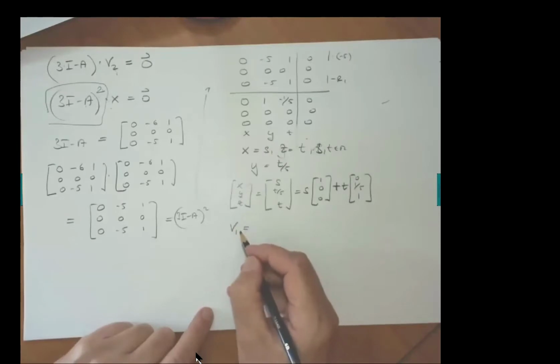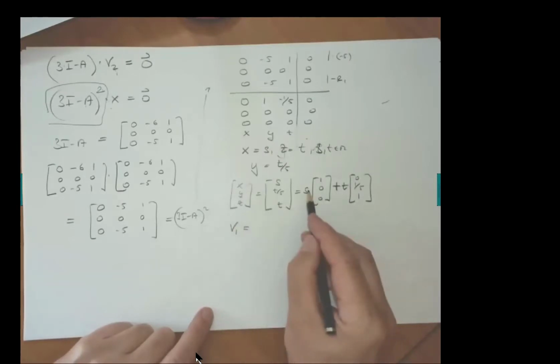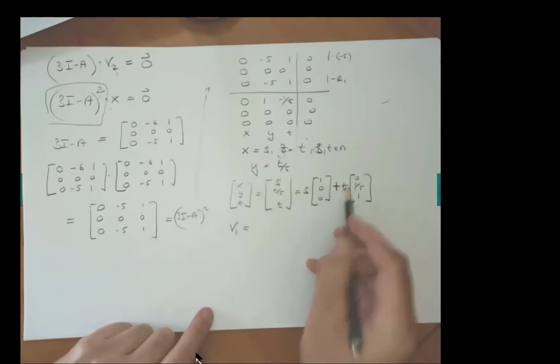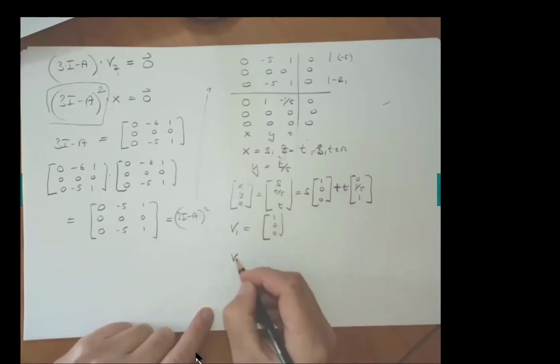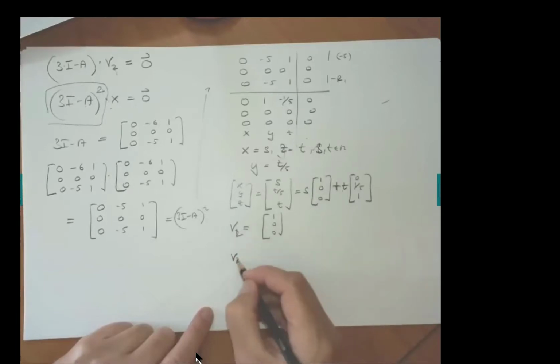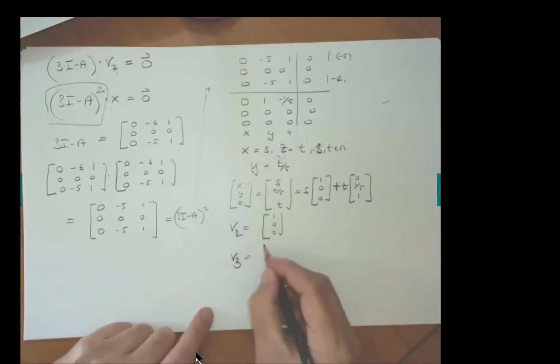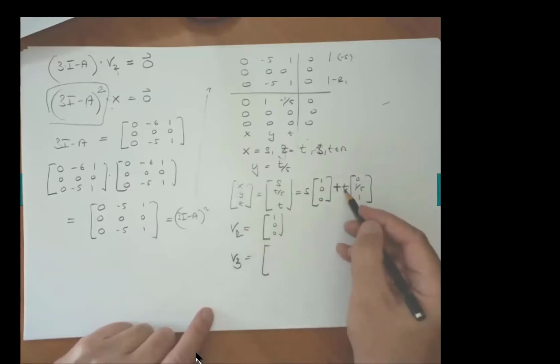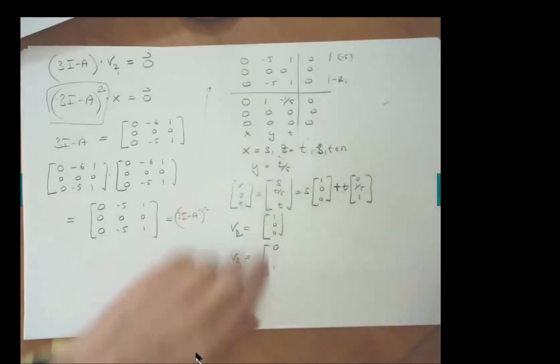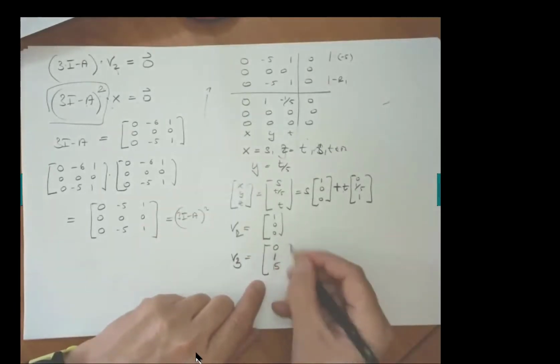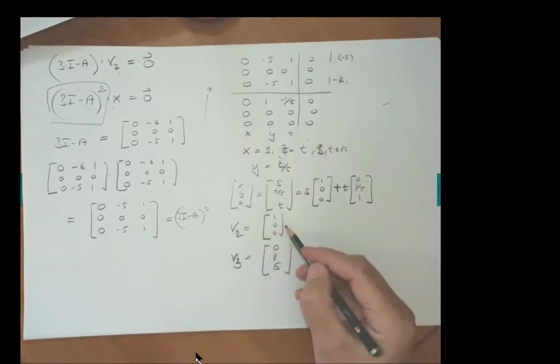V2 is when you set s equal to 1 and t equal to 0. So you get 1, 0, 0. And then we get V3, where I put t equal to 5 just to get rid of the fraction. I get 0, 1, and 5. So this is s equal to 1, t equal to 0. This is s equal to 0, t equal to 5.